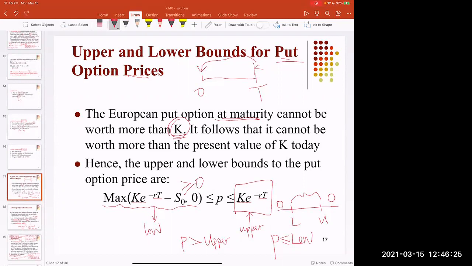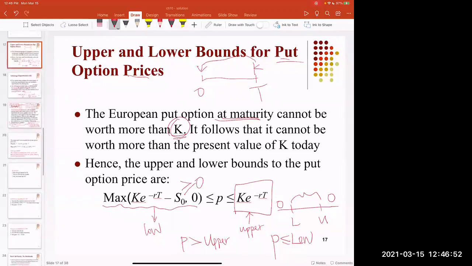In reality, you might be able to use what we learned for some option investment: first figure out the lower bound and upper bound, and then compare to the market option price. Okay, that's what we've covered today.